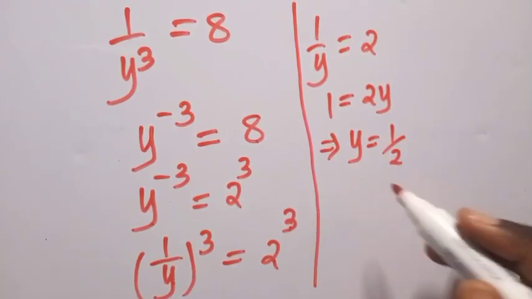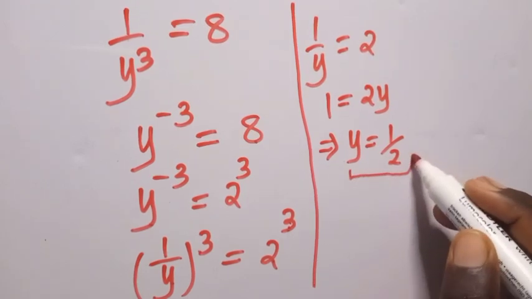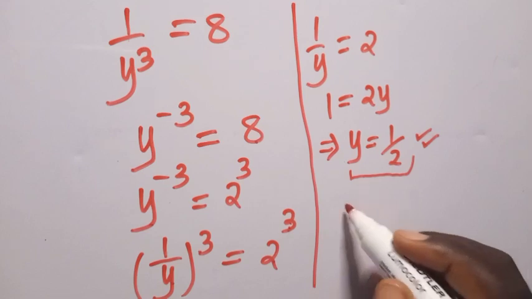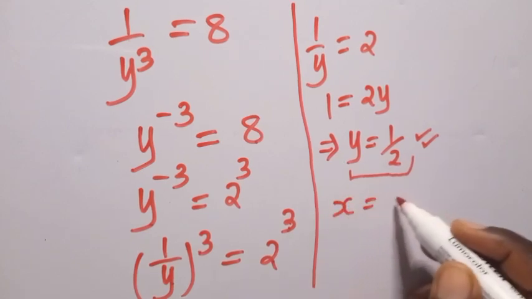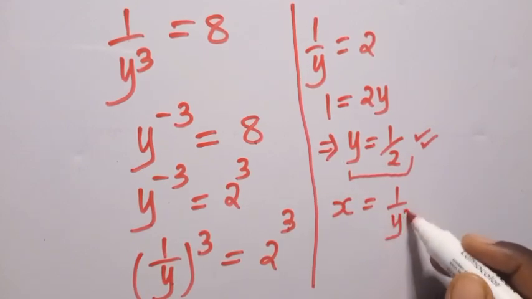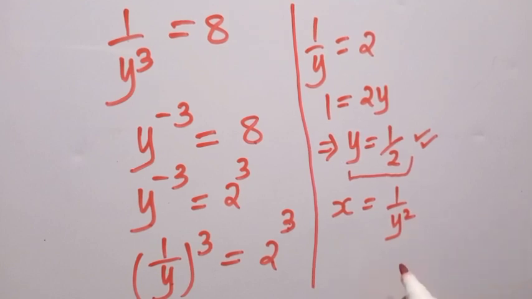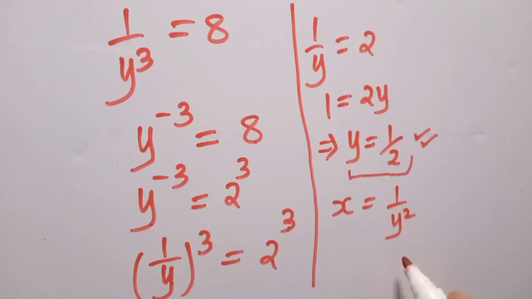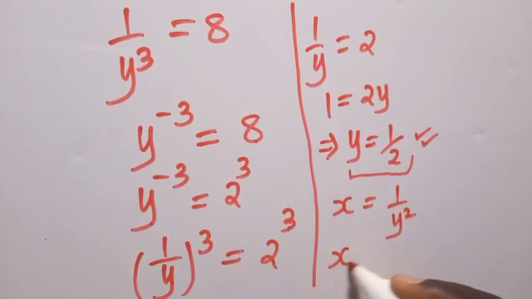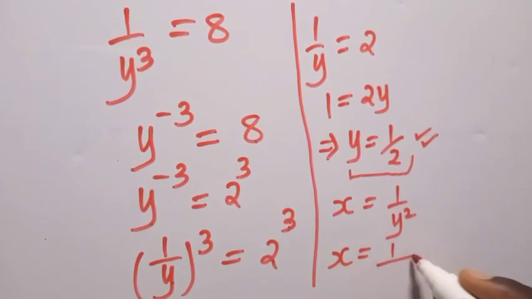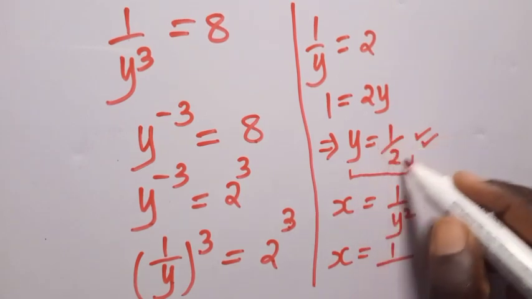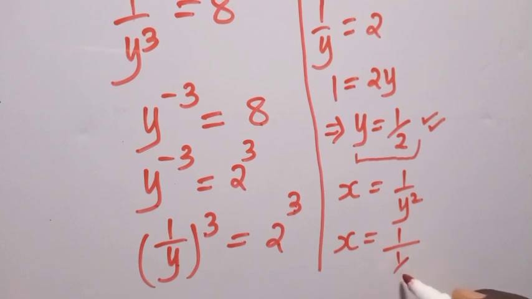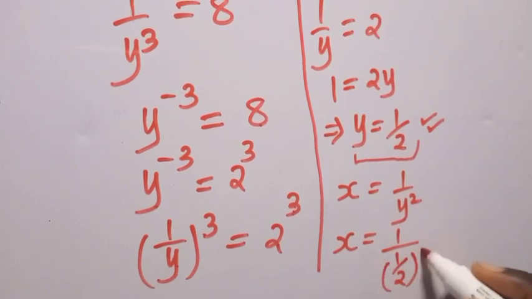Since I have obtained the value of y as a half, and our x was 1 over y squared from equation 1, our x will be 1 over, instead of y, a half squared.